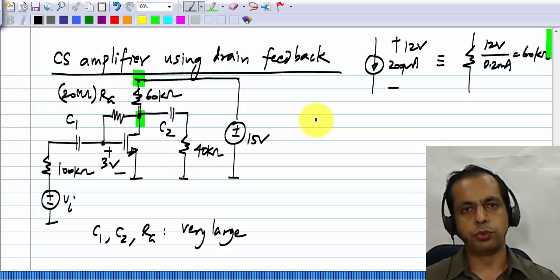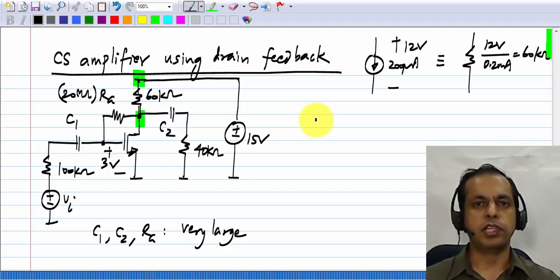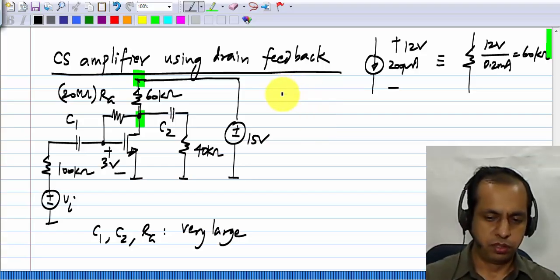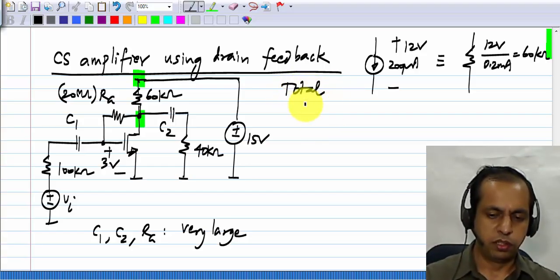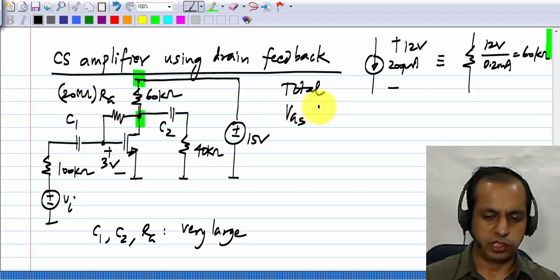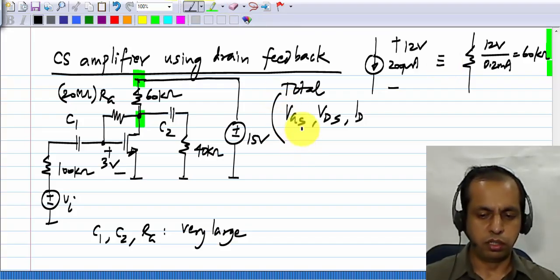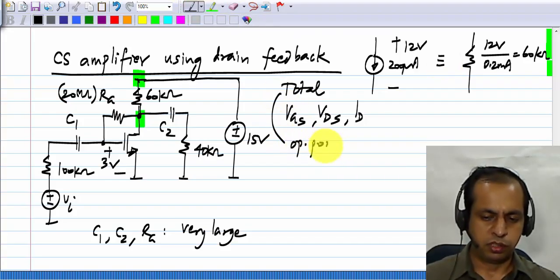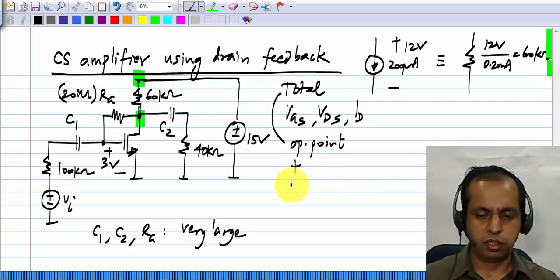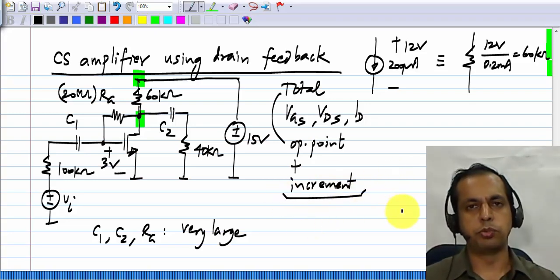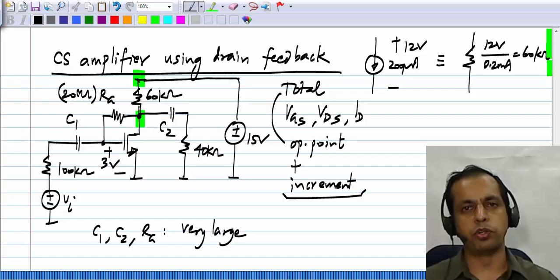Now let's analyze the swing limits of this. The procedure to analyze swing limits is always the same. You first compute the total quantities, total VGS, VDS and ID. To calculate the total, you sum the operating point plus the increment, and the increment of course comes from small signal linear analysis, and that's where the approximation comes in.